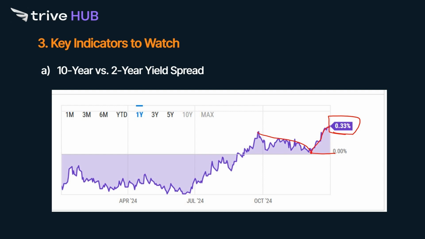When this spread chart approaches 0, it signifies a flattening yield curve, and a negative spread, when it falls below the 0 level, has historically been a precursor to a recessionary period. This spread has also been identified as a leading indicator that shows economic slowdown or growth 6 to 12 months before.